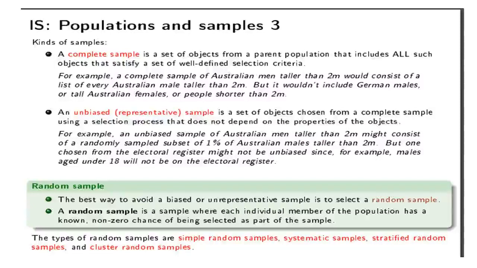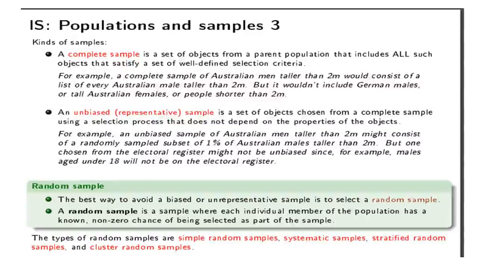For example, an unbiased sample of Australian men taller than 2 meters might consist of a randomly sampled subset of 1% of Australian males taller than 2 meters. But one chosen from the electoral register might not be unbiased, since, for example, males aged under 18 will not be on the electoral register.